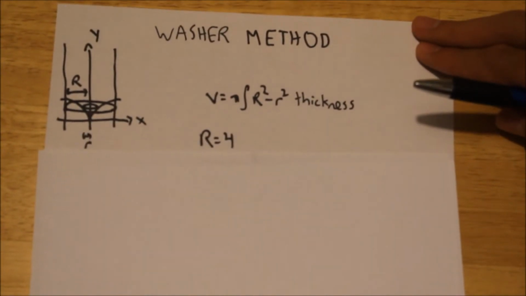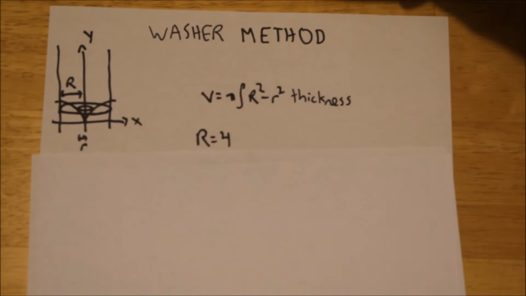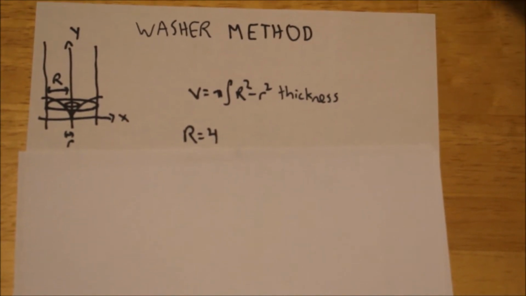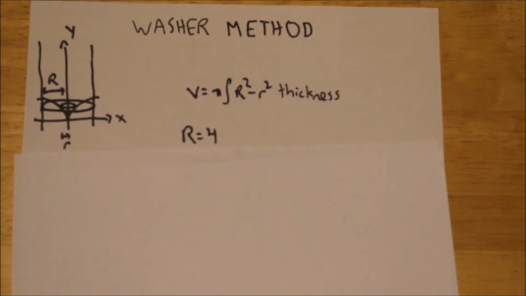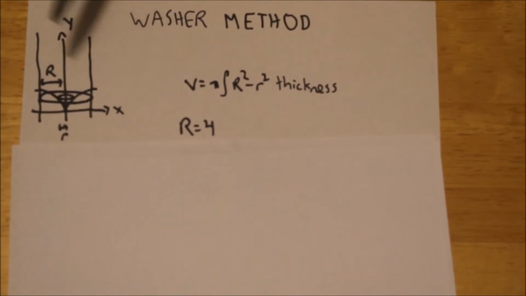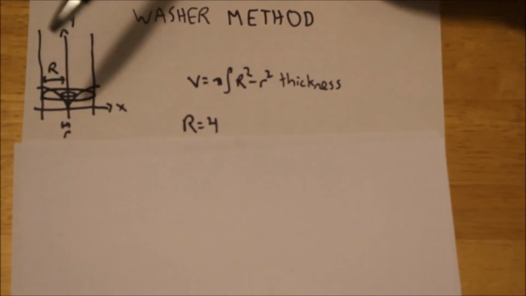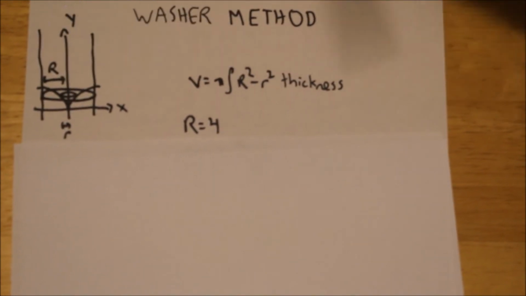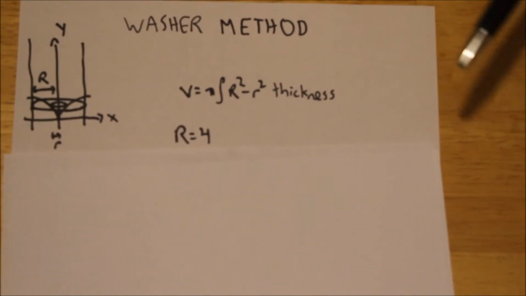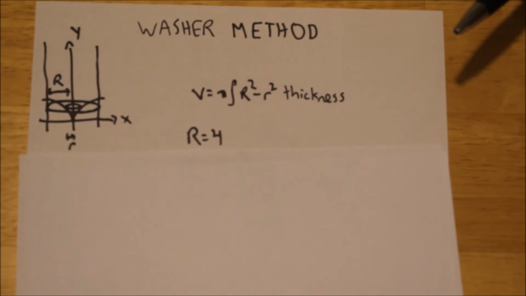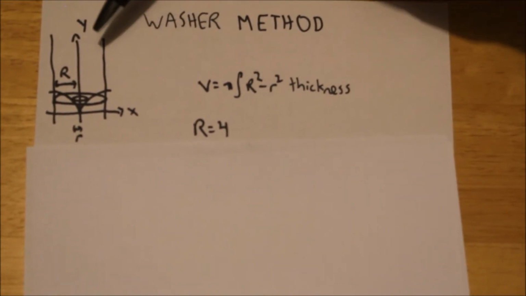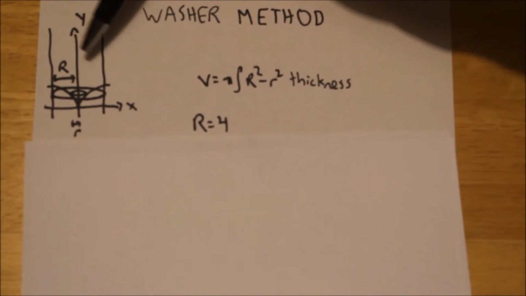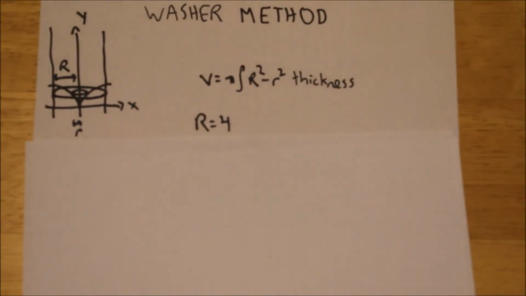So here, for the washer method, the volume is pi times outer radius squared minus inner radius squared times thickness. So here, the outer radius, no matter where you are in it, is always the same. The outer radius is always going to be 4, because you're rotating it about x equals 0 and the bound is x equals 4.